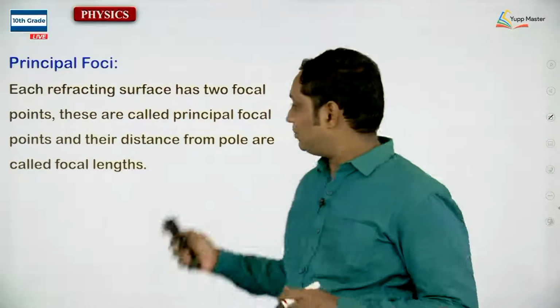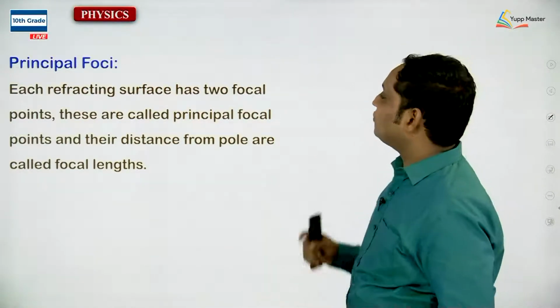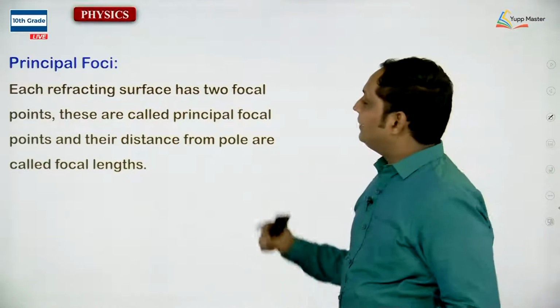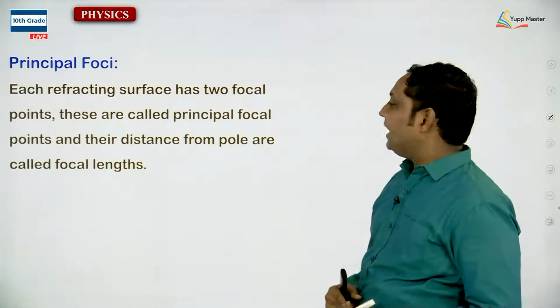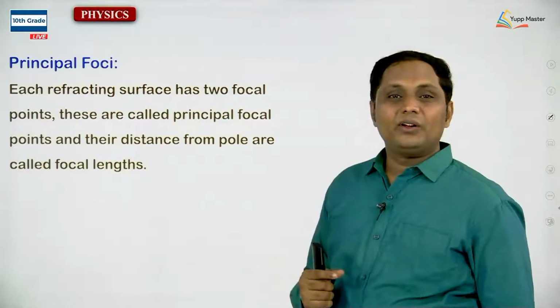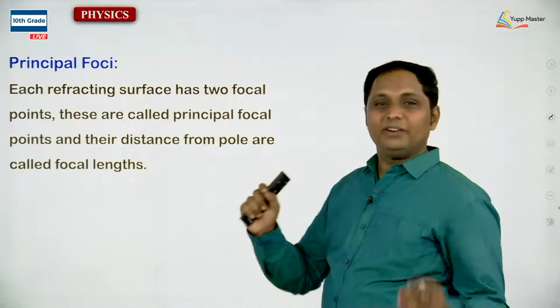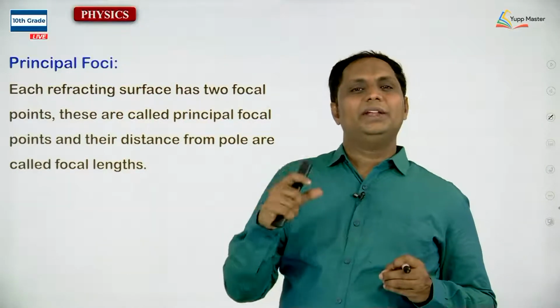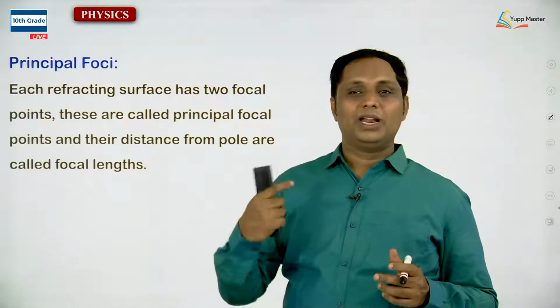We just have to identify this one. Each refracting surface has two focal points. These are called principal focal points, and their distances are measured from the pole. The distance between the pole and the principal foci is known as the focal length.